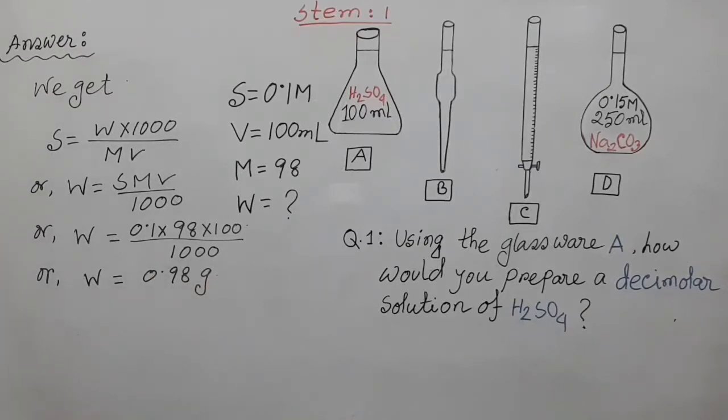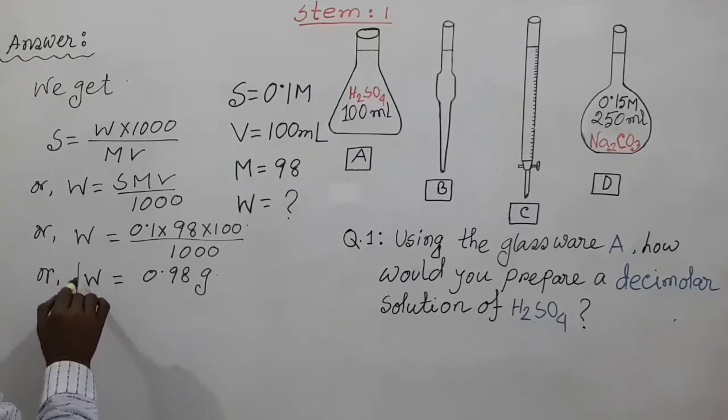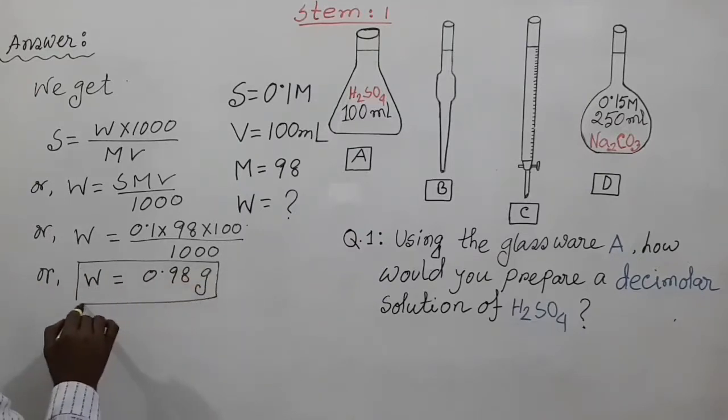So, my dear students, from the above calculation it is seen that if we add 0.98 gram sulfuric acid in apparatus A, we will get 100 ml decimolar solution.